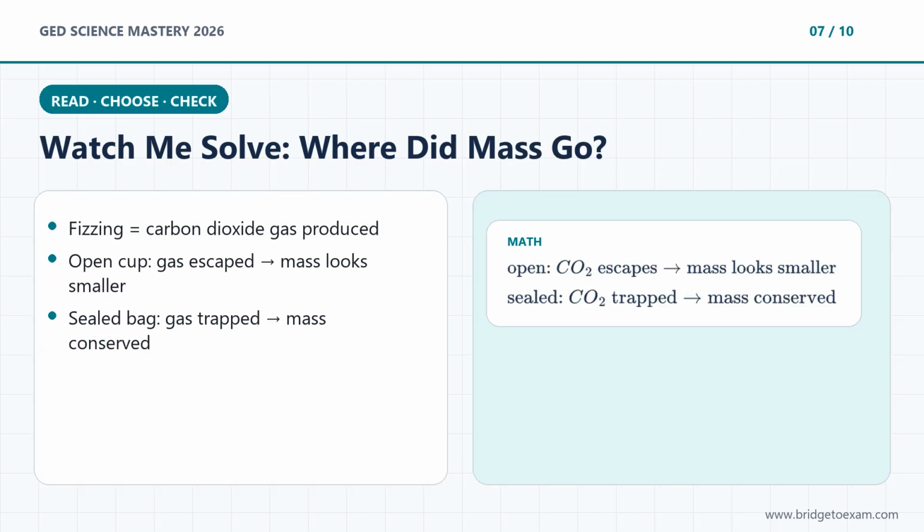Let's solve the puzzle. Why did mass appear to drop in the open cup but hold steady in the sealed bag? Read. Both setups fizzed, which means a gas, carbon dioxide, was produced. The open cup lost mass. The sealed bag did not. Choose. The fizzing makes carbon dioxide gas.